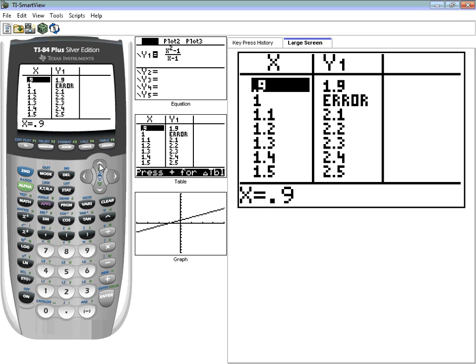But again, you don't need to graph. All right, tables, troubles. So this calculator doesn't understand.